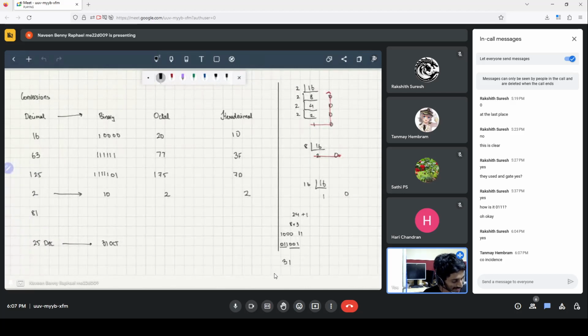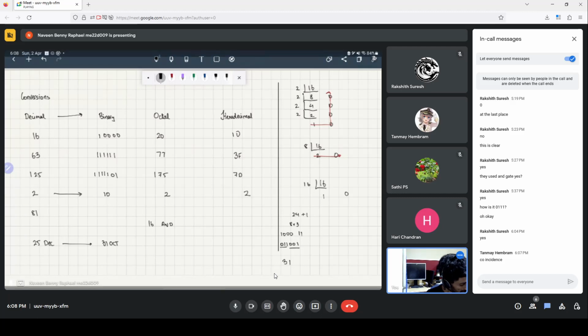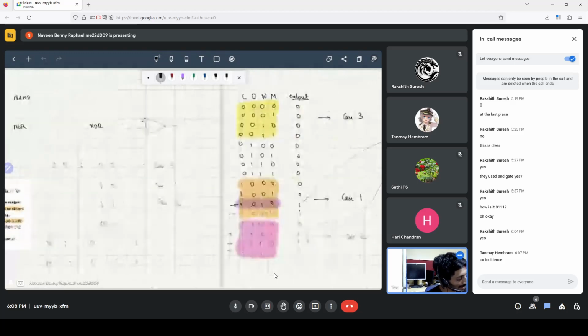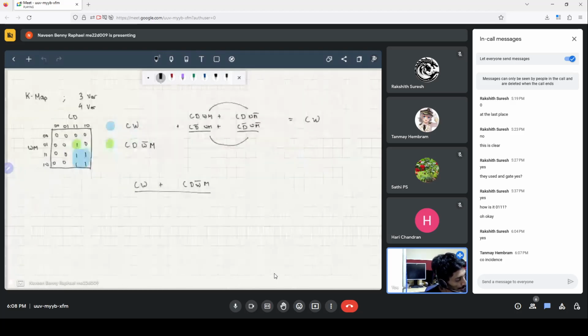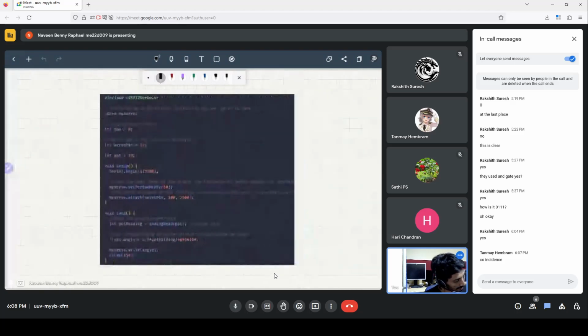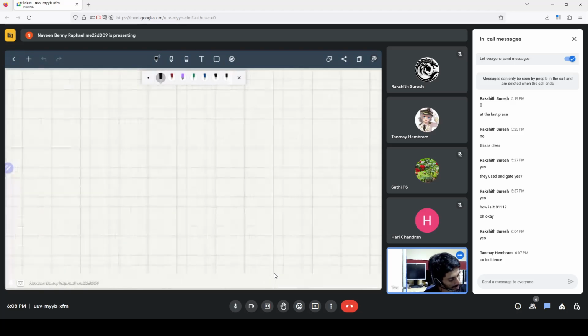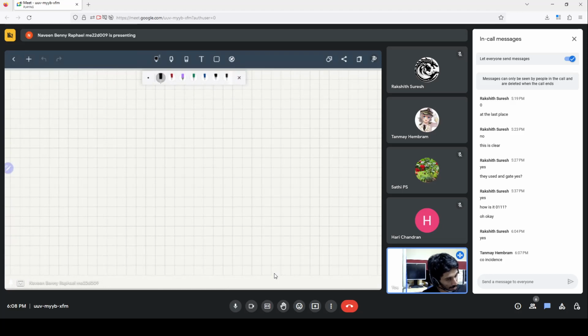So we know 16 is 10000 and 63 is 111111. Those have too many ones and zeros, so let's take a 4-bit case.